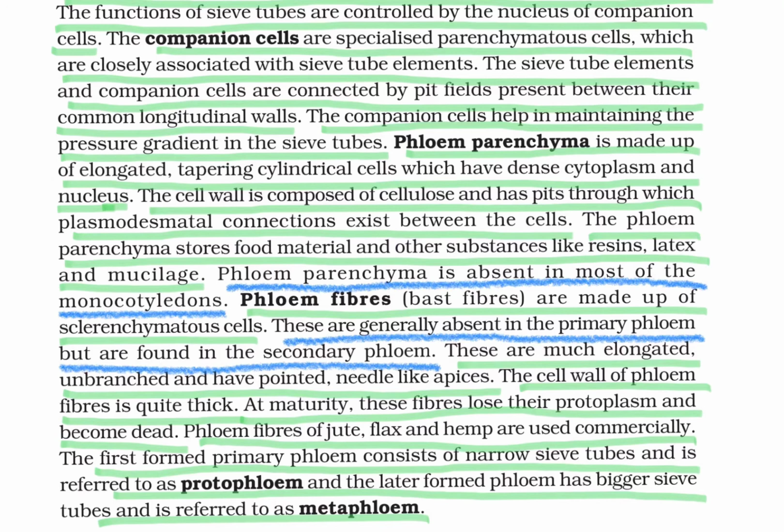The cell wall of the phloem fiber is quite thick. At maturity, these fibers lose their protoplasm and become dead, as I have said earlier. Phloem fibers like jute, hemp, even flax are used commercially.